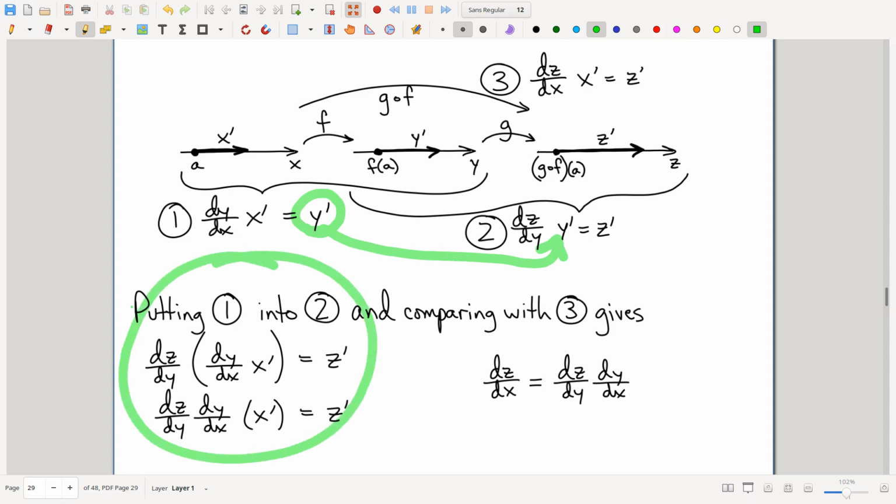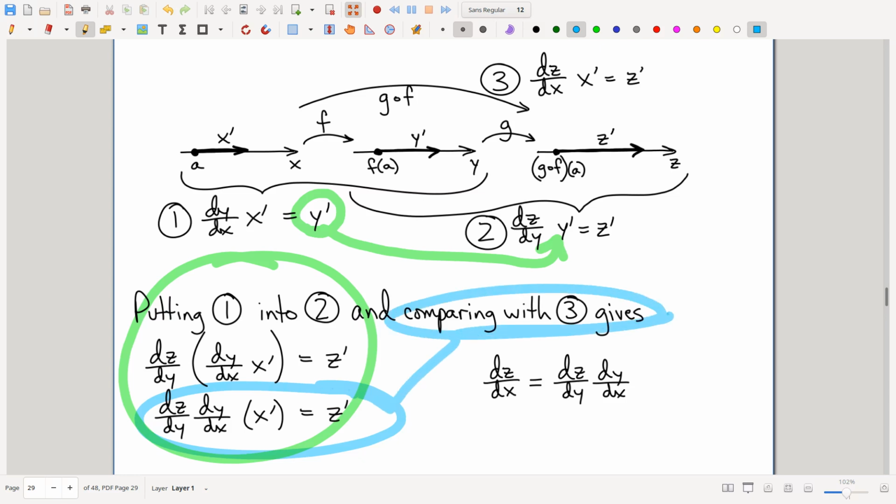I'm going to say plugging equation 1 into equation 2. That results in this right here. And then I'm going to compare this equation with this equation, these two equations I have highlighted in blue.